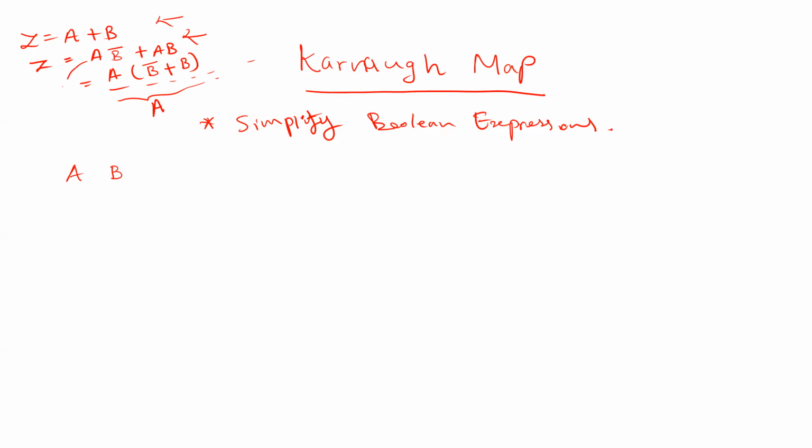So what we did was we simplified this one into this. So this kind of expression could be easily simplified with the help of the existing theorems and laws, but there may be some longer expressions which are not so easy to convert into a simple expression. In such a case, it is easy for us to use a Karnaugh Map and simplify such expressions.